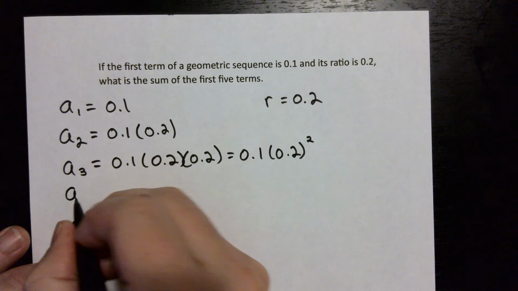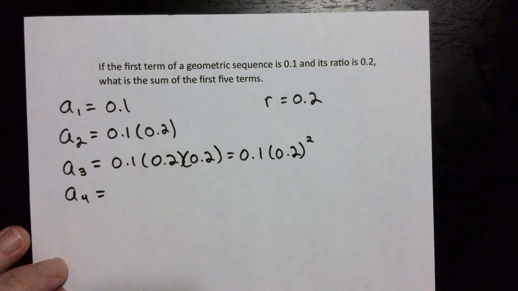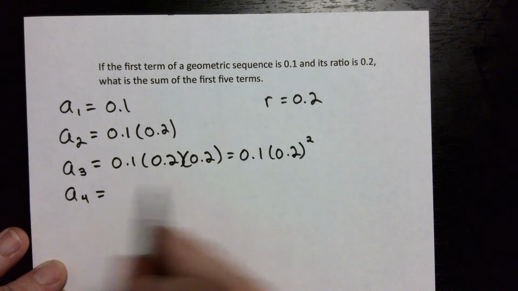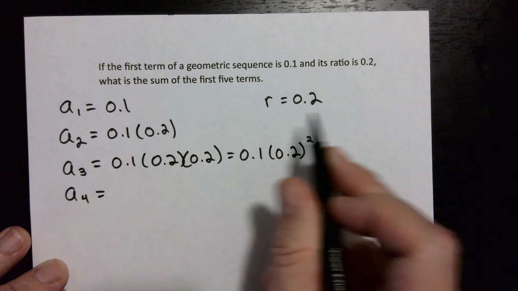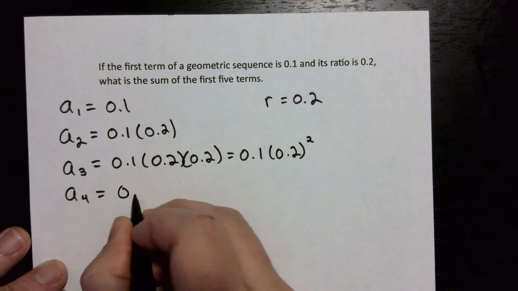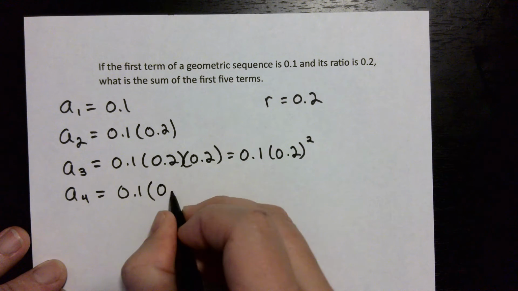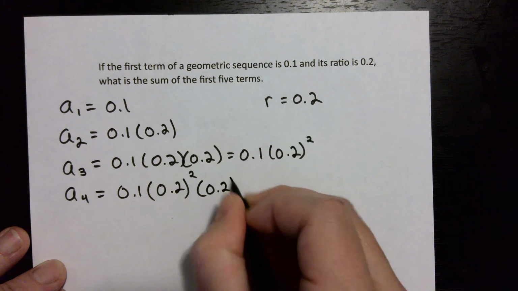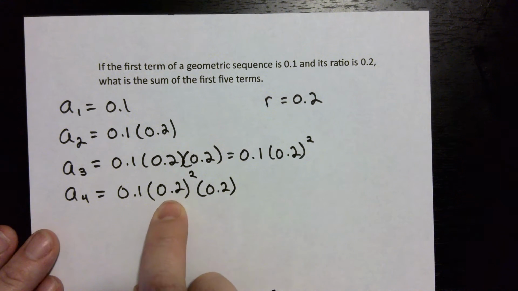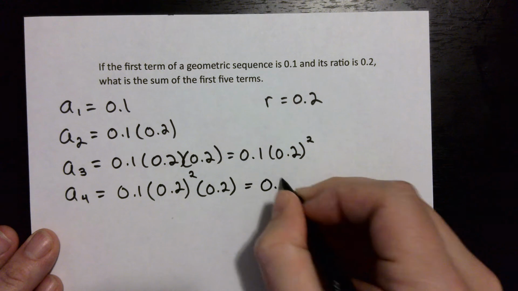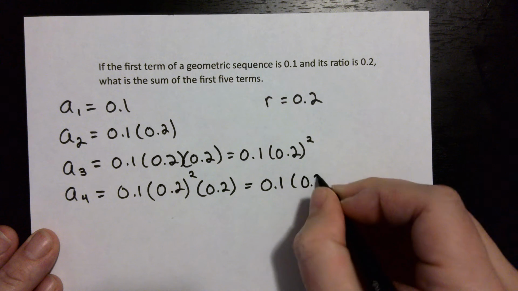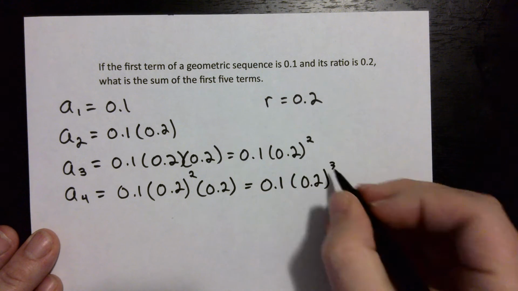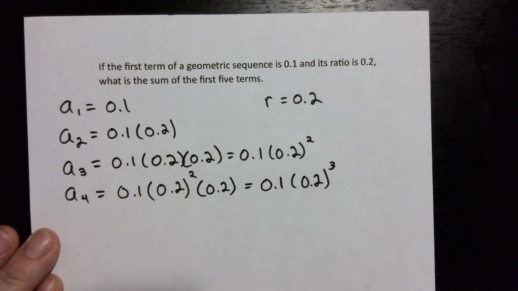The fourth term, a sub 4, we find by multiplying the previous term, 0.1 times 0.2 squared, by the ratio, 0.2. What is 0.2 squared times 0.2? That is 0.2 cubed. So the term is 0.1 times 0.2 cubed.